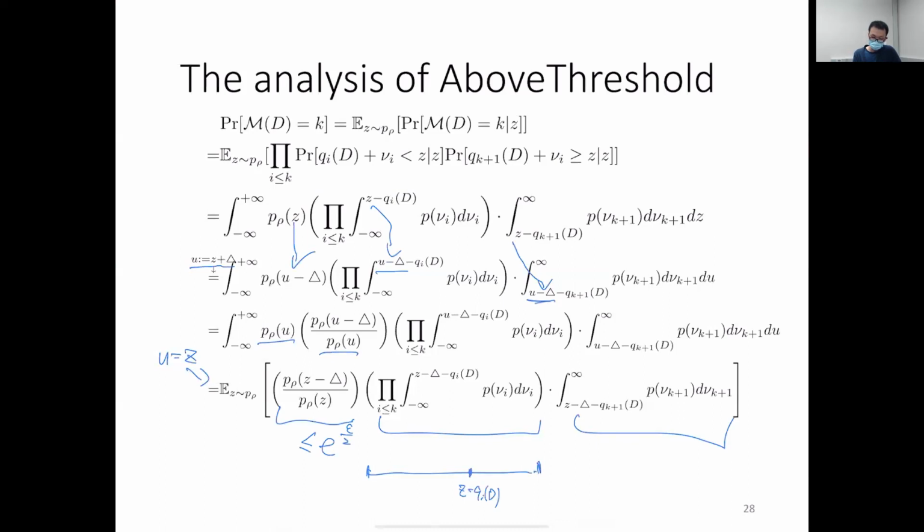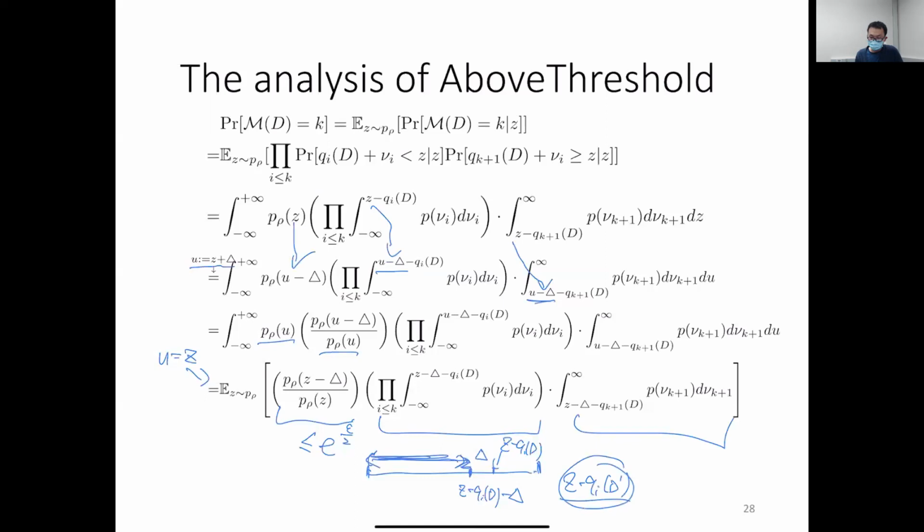This is the probability that this nu I can be getting in here, like so, where also minus delta, and this is delta, and this is Z minus QID. So where could, suppose we replace D with D prime, which is a neighboring data set, where could Zi minus QID prime possibly be?